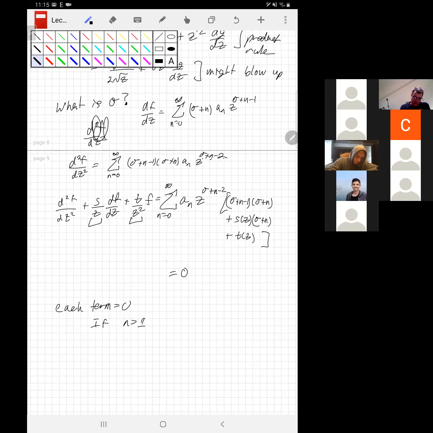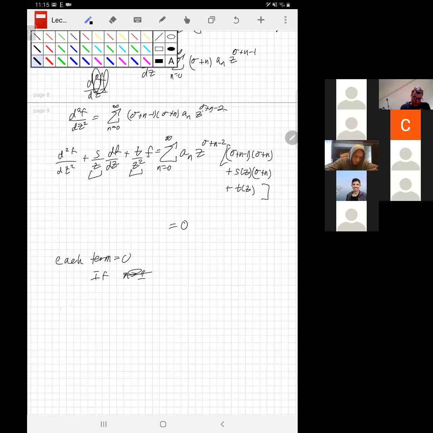I could factor out the singularity. I could write this as z to the sigma minus 2, potentially singular part, times the sum of an z to the n, sigma plus n minus 1, sigma plus n, plus s of z, sigma plus n, plus t of z.